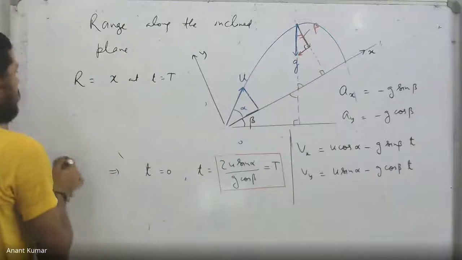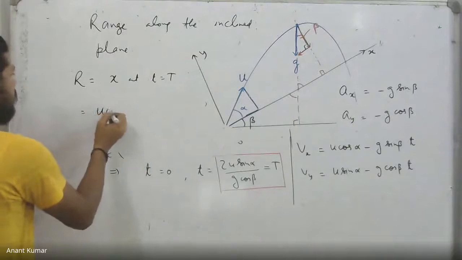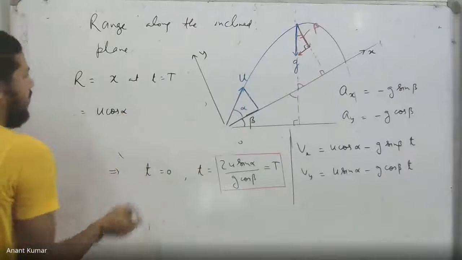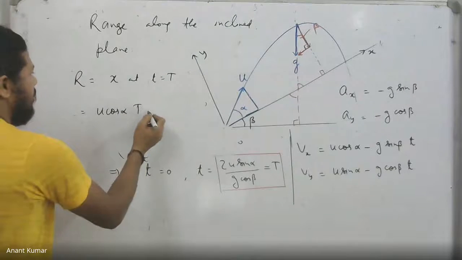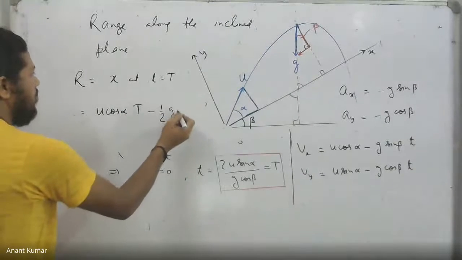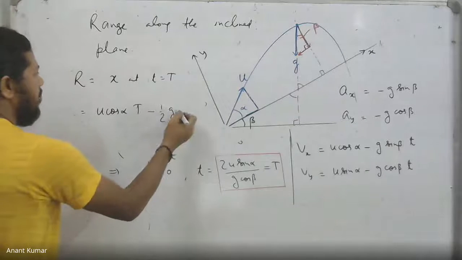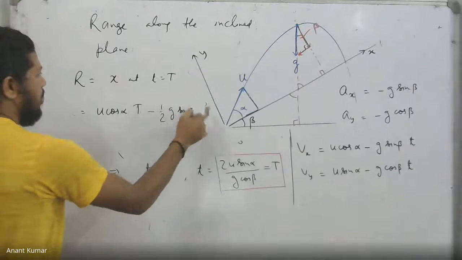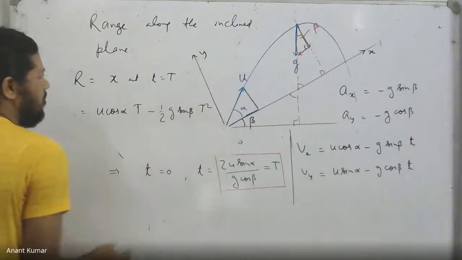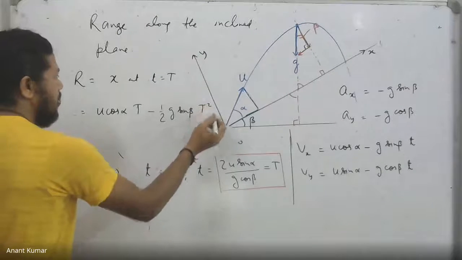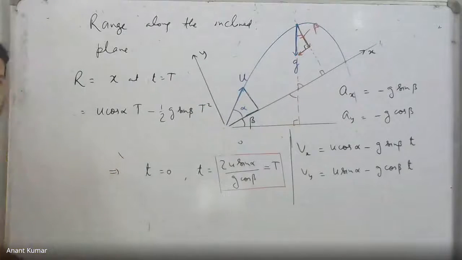I have to write u cos alpha into the time capital T minus half g sine beta into T square, where capital T is this value, 2u sine alpha by g cos beta.